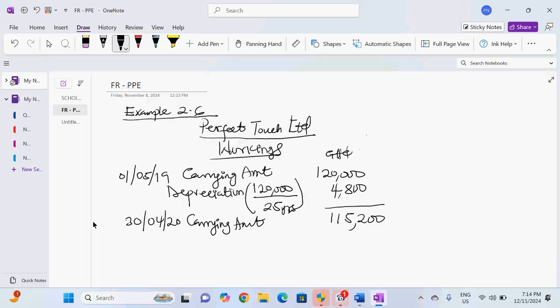Then what happened? Revaluation was on that same date. How much is the revaluation?